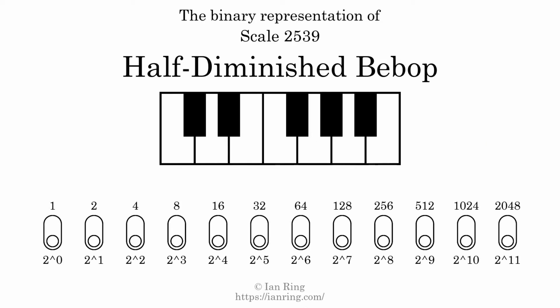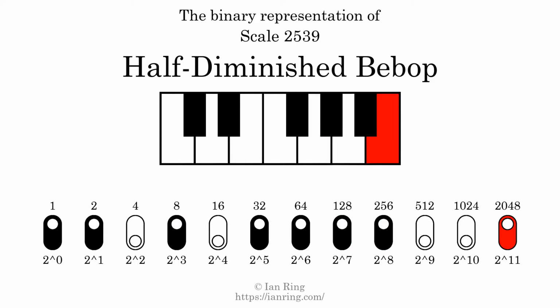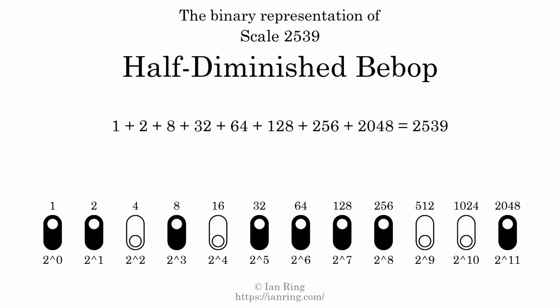The binary representation of this scale is determined by mapping tones of the scale to binary digits. Each binary digit represents a power of 2. To get the scale number, we add the powers of 2 together. The powers of 2 that are present in the scale, all added together, equals 2539.